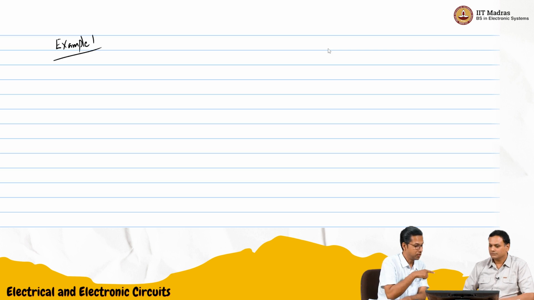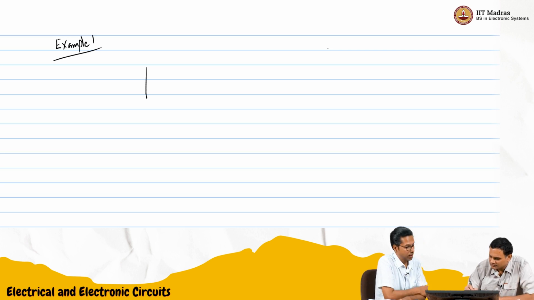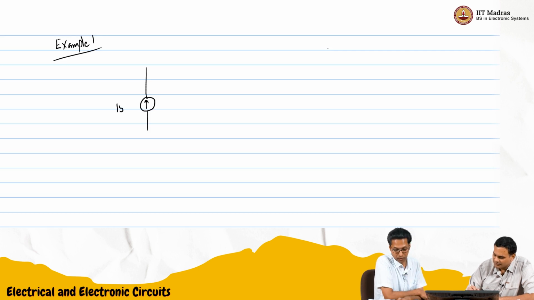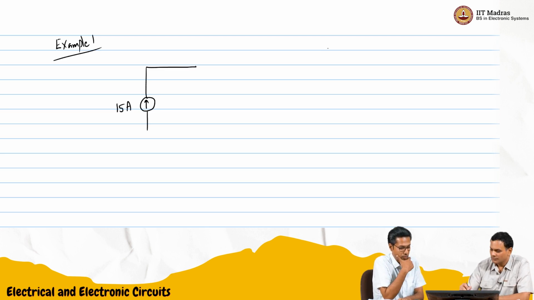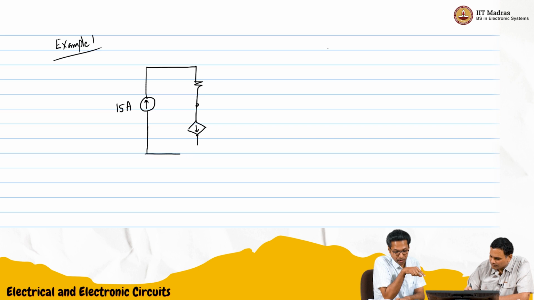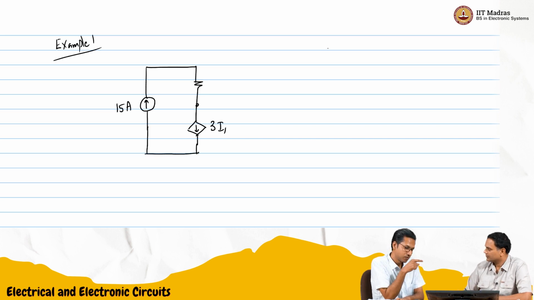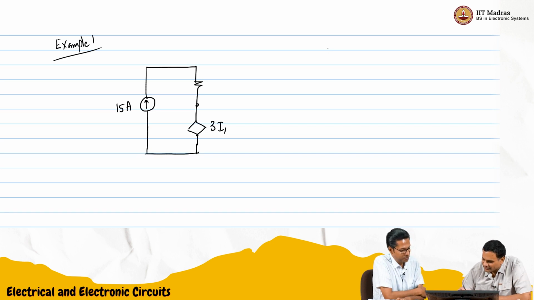Let's say there is a 15 ampere current source, DC and independent, going up, 15 amperes. Then from there a 1 ohm resistor is coming down. Then a dependent current source, 3I1, with the current source in the upward direction.